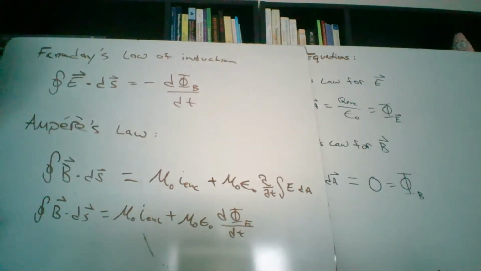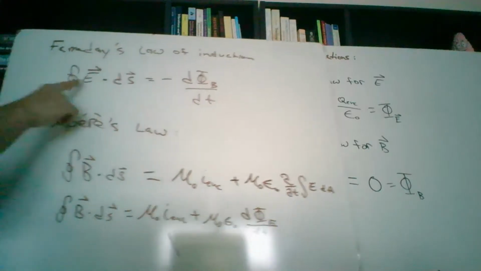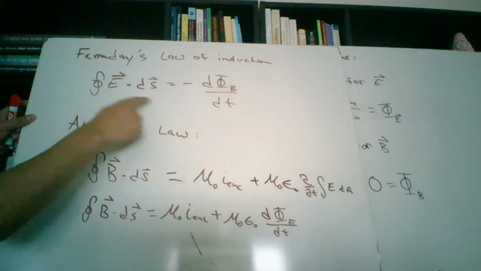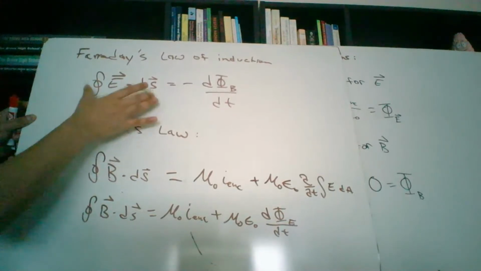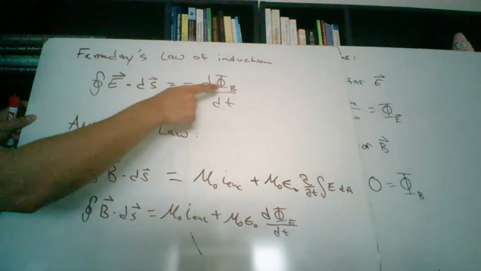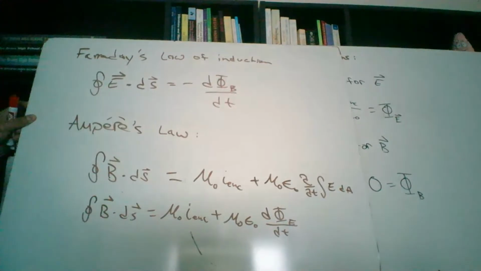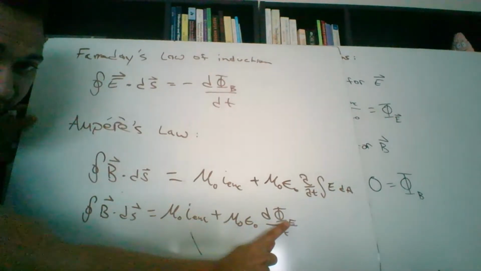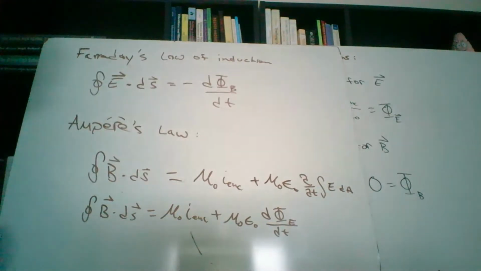Now we have our change in flux. So when we did a loop, when we did this curling vector thing that we're going to be talking about later, we get a change in the flux. Or we could say the change in the flux creates an electric field. Over here, what we're saying is a change in the electric flux will create a magnetic field.